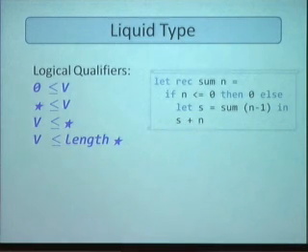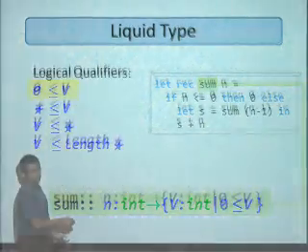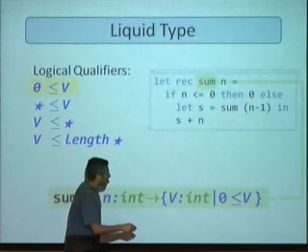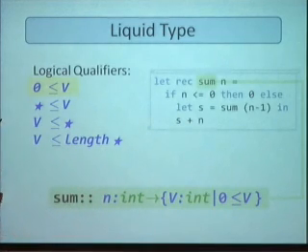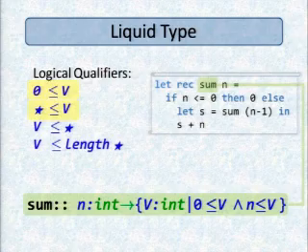So now, what's a liquid type that describes sum? Well, here's one. Using these qualifiers, I would say sum takes as input an integer. It could be an arbitrary integer, could be negative, and it returns as output a value that's greater than 0. So the greater than 0 qualifier would stick. So this is a liquid type because it's a conjunction of logical qualifiers. Okay, well, here's a slightly better liquid type.